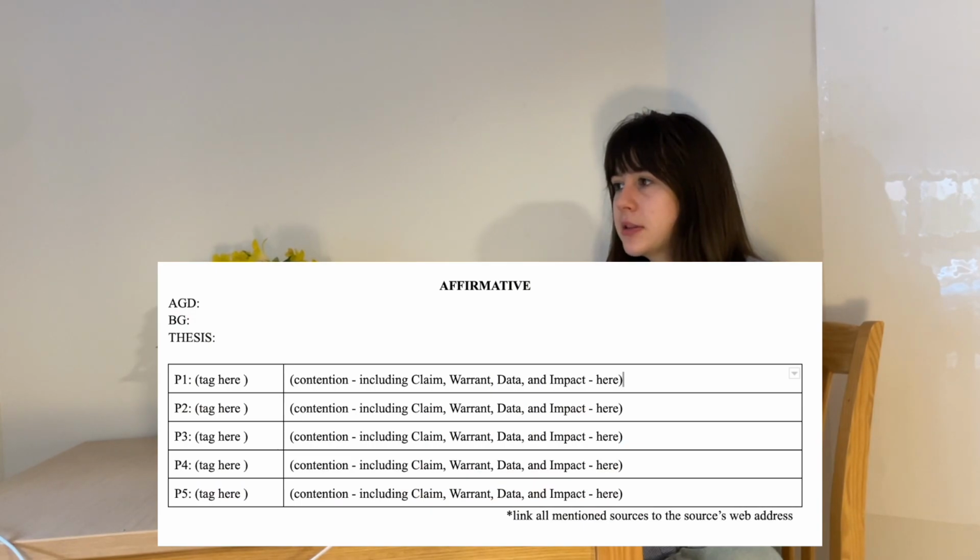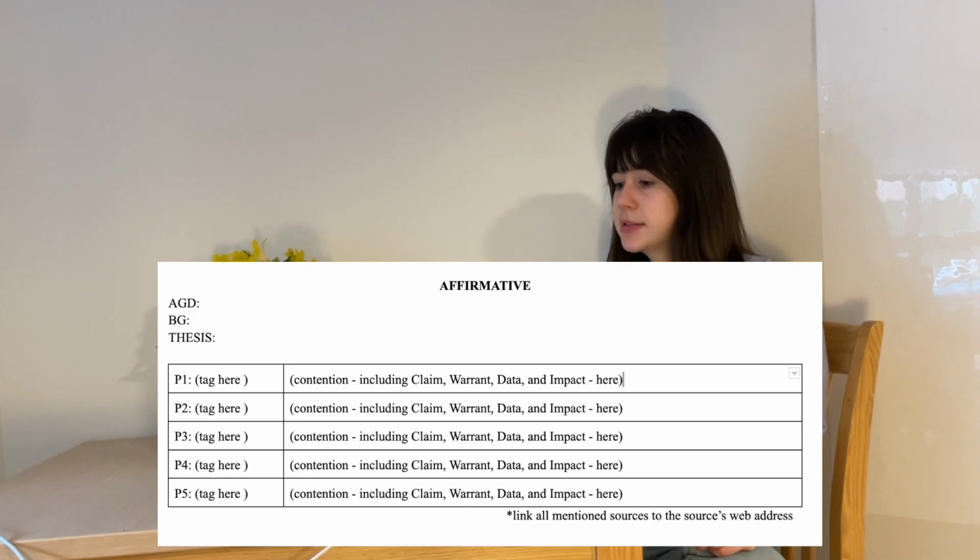BG, background, is any background that your audience needs to know in order for them to have a full understanding of what you will be arguing. Keep in mind that this is different than the background of the legislation that you have in the top section. You should know enough about the legislation to be able to stand for 2 minutes of questioning and answer, okay, I thought that this was true, but you're saying that, how, what?